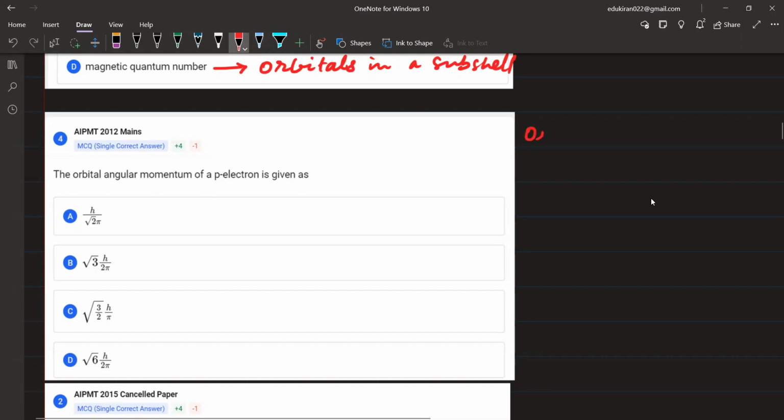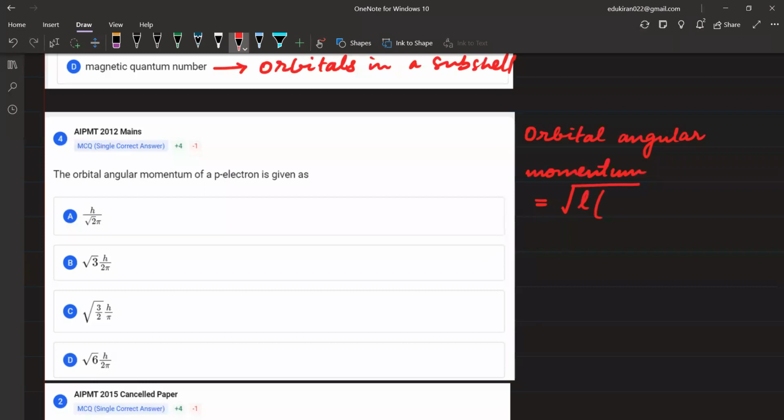Orbital angular momentum is equal to under root L into L plus 1 multiplied by h upon 2 pi। ठीक है, अच्छा h upon 2 pi को और क्या लिख सकते हैं?